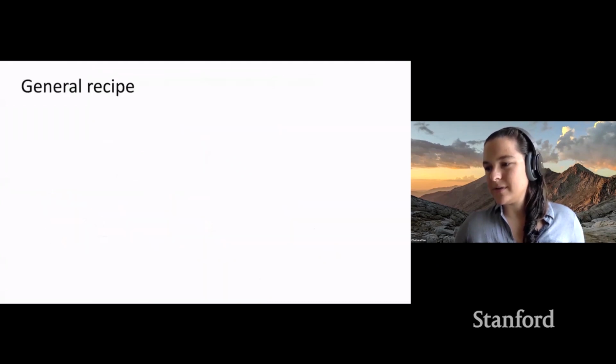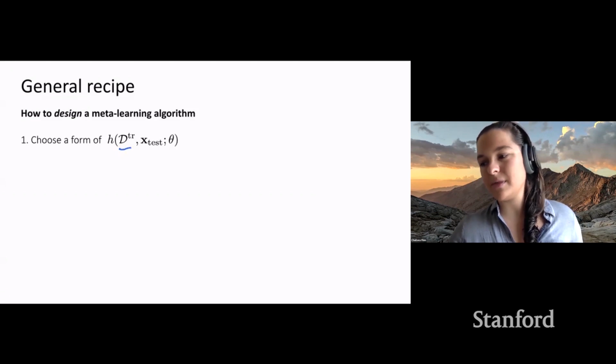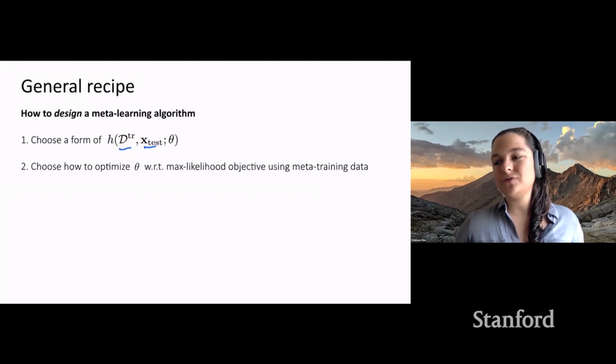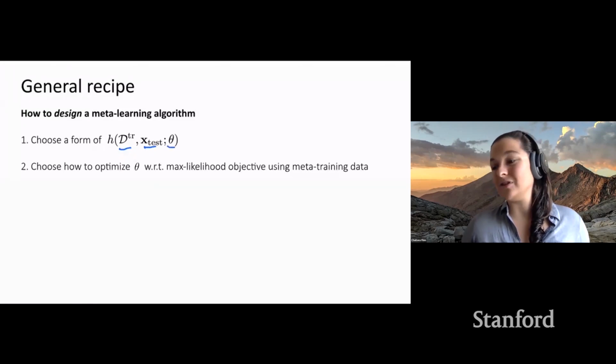So essentially a general recipe for meta-learning algorithms is to choose a form of this function that takes in a data set, learns something from that data set, and makes predictions on new data points. And then second, choose how to optimize the parameters of this learner with respect to some maximum likelihood objective using the meta-training data.